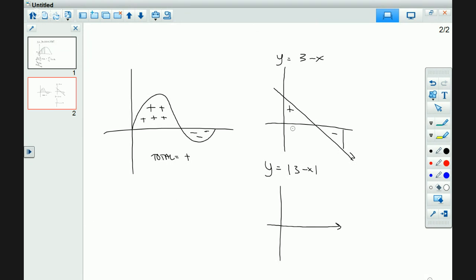Basically, it's the same one, but these are both going to be positive. Now it's going to do this. So that's what absolute value does. It changes everything to positive. So absolute value is kind of nice to subtract area out, unless it's dropped below that axis.